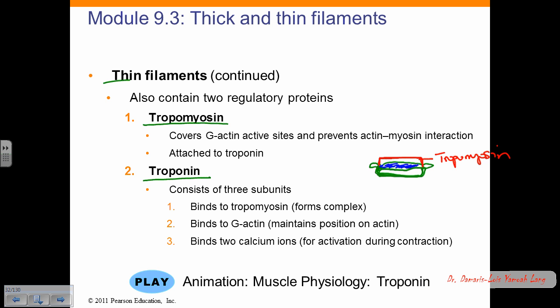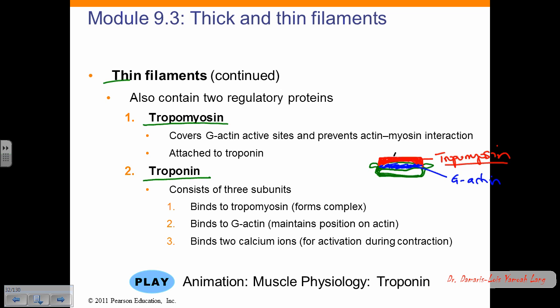Okay. This part is what? The G-actin. And then this is what? The lid covering what? The G-actin. And the lid covering the G-actin is what? Tropomyosin. Are you all getting this?